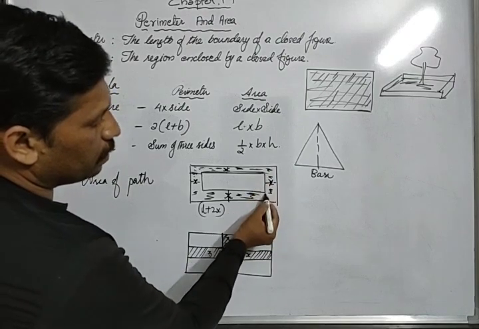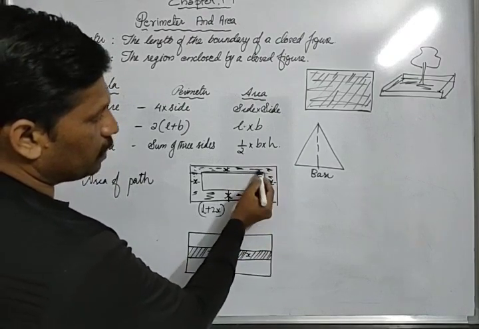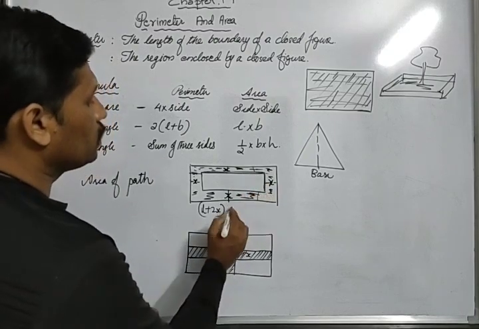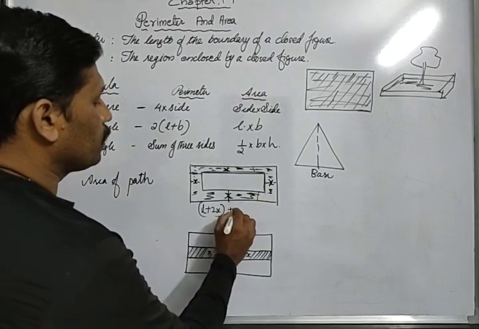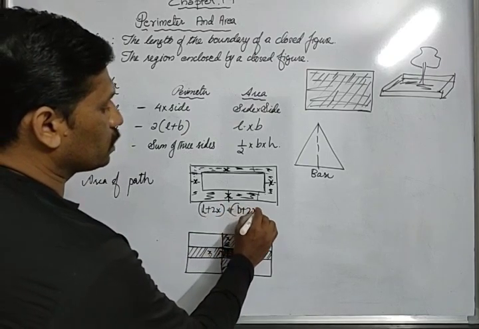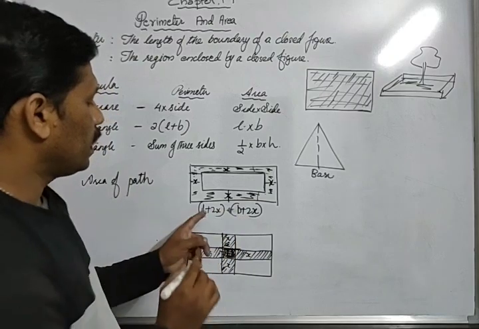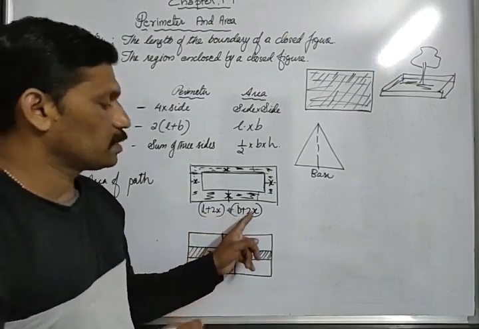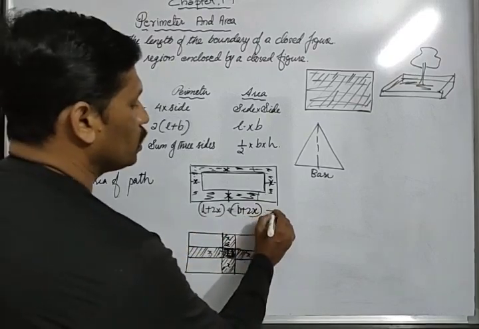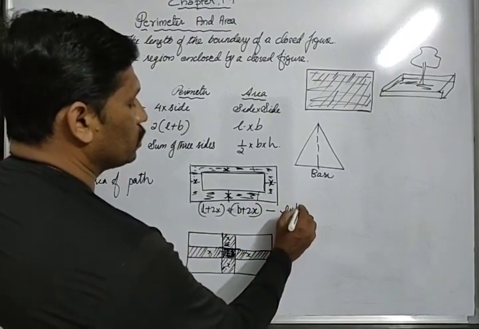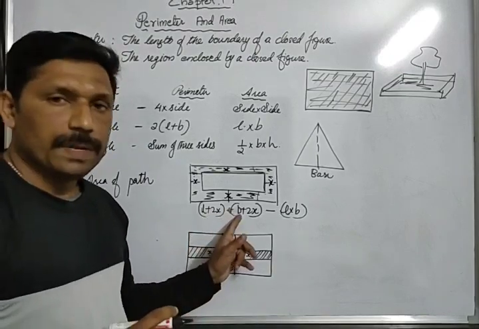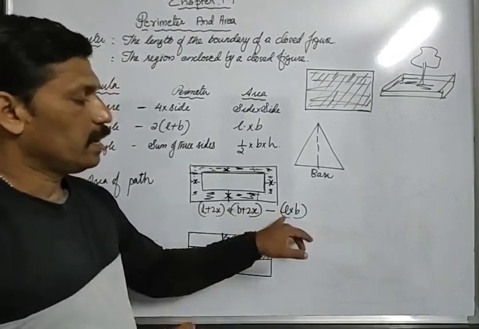Here breadth plus x, this part x, this part also x, and here this part is breadth. That is equal to breadth plus 2x. So L plus 2x into B plus 2x is the area of the outer rectangle, minus L into B.